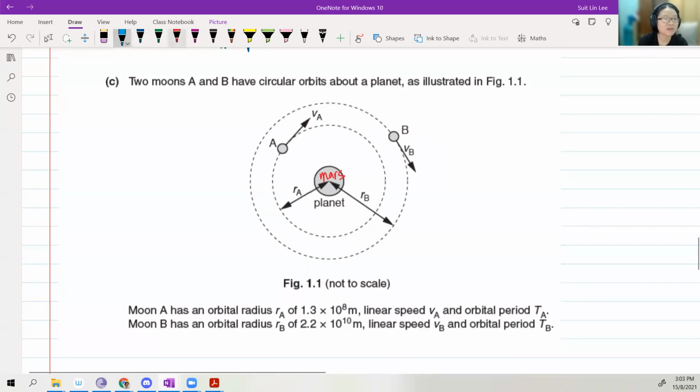But never mind, you can still do this. So we have radius, VA, VB, TA, TB, and you are asked to calculate the ratio of VA over VB and TA over TB.